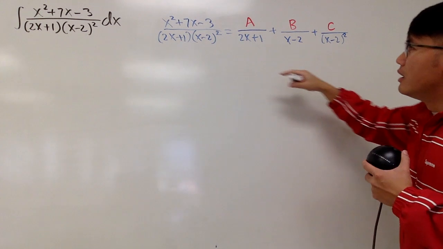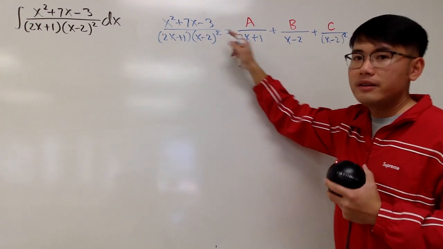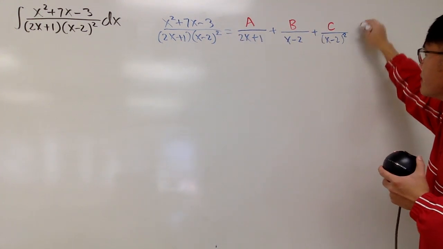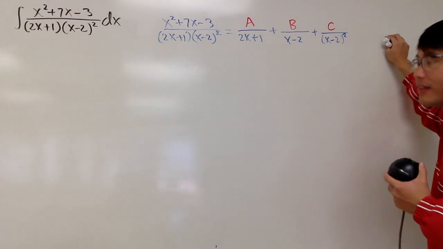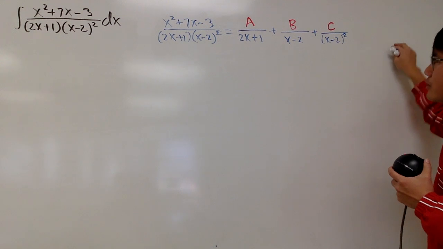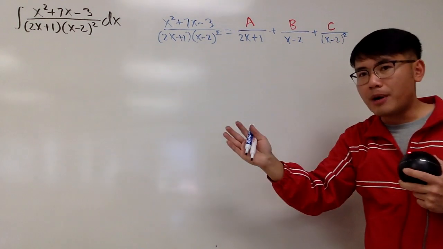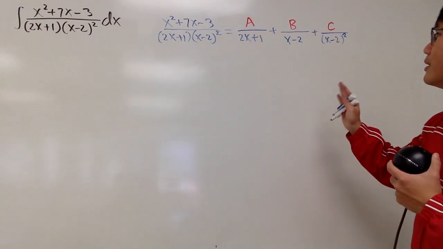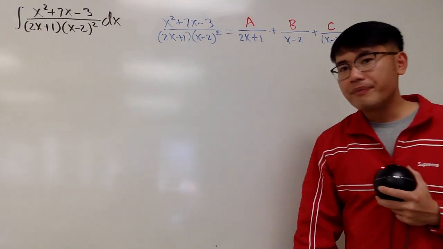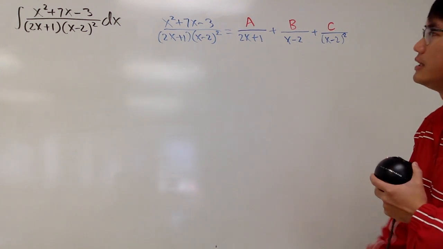And remember, if this is to the fourth power, then you will have another one, let's say D over (x minus 2) to the third power, and then another one, E over (x minus 2) to the fourth power. You have to build out the power from the first to whatever this is, right? So this right here is the setup, and let's see how we can proceed.